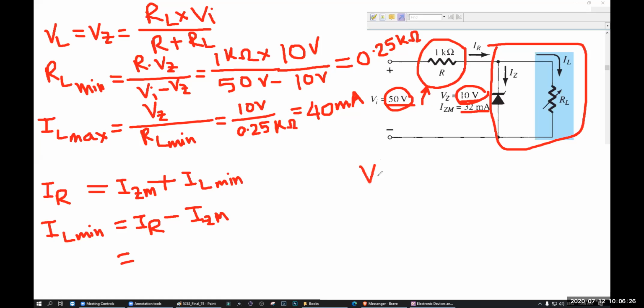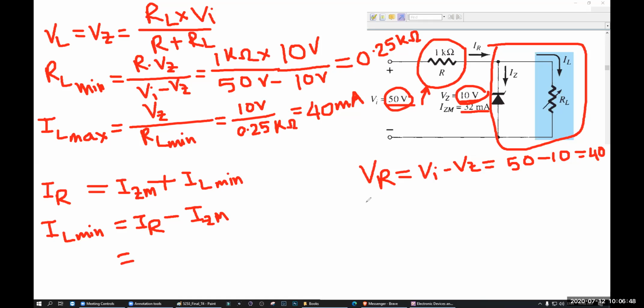So your VR is equal to VI minus VZ, right? That means 50 minus 10. That is 40. So we can call it 40.